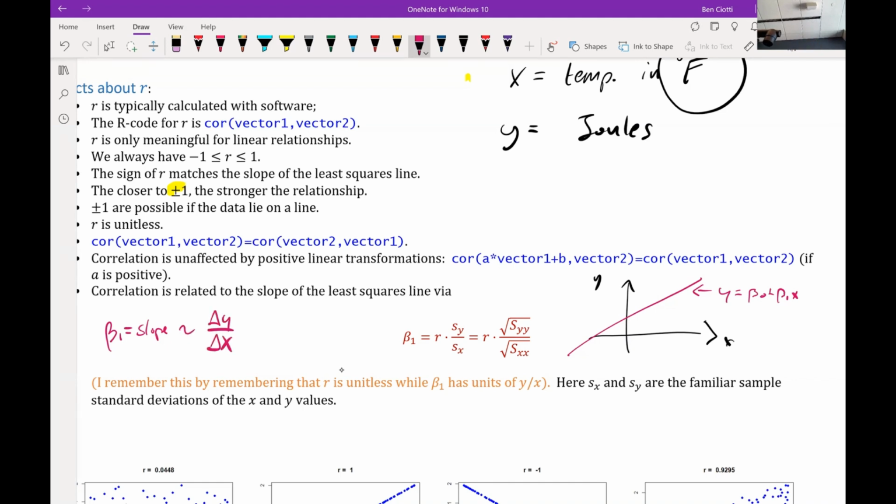Just remember that. Beta 1 has units of y over x, and R is unitless. The way I can remember this equation is that I need this factor to also have units of y over x. So that's how I'm able to remember the fact that s sub y goes on top and s sub x goes on the bottom.